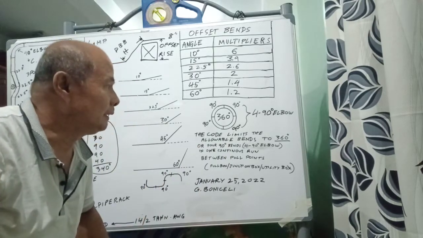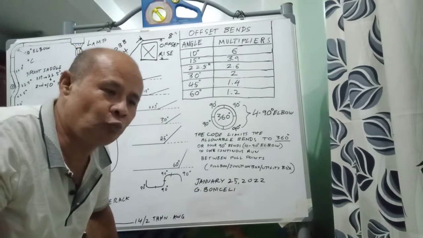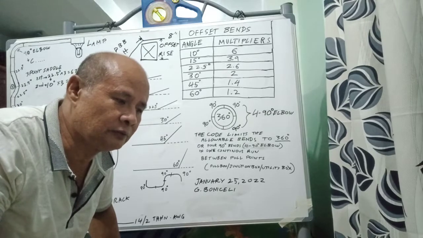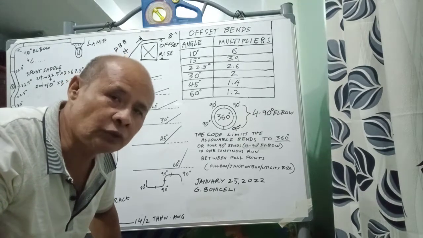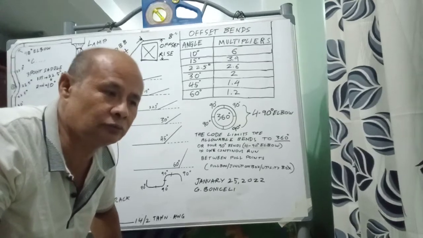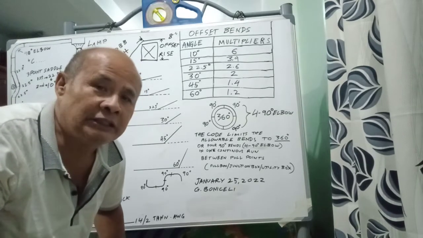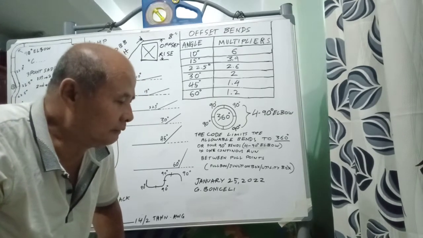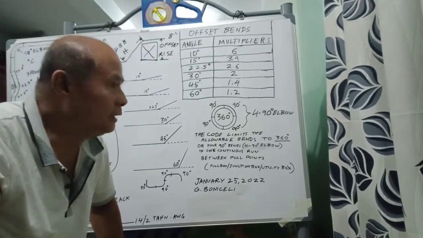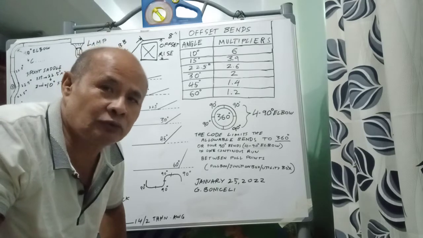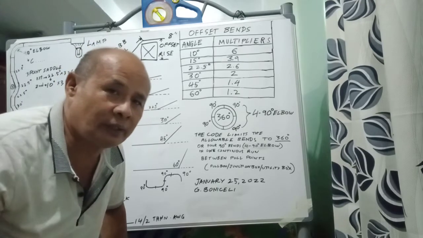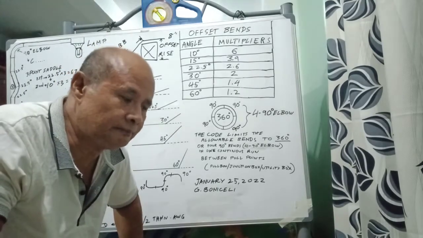Because if we forget to consider the code limit of four 90-degree bends, then it will be very difficult to pull the wire or insert the wire into a conduit.